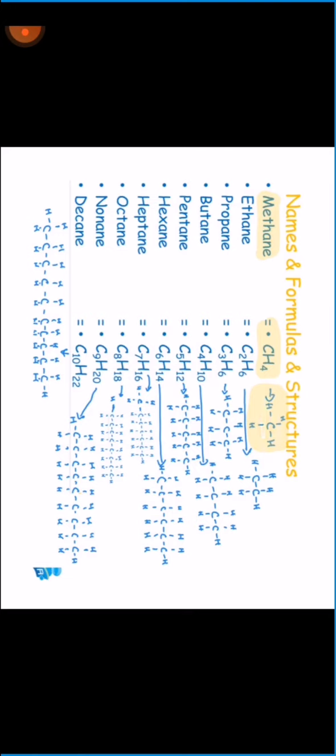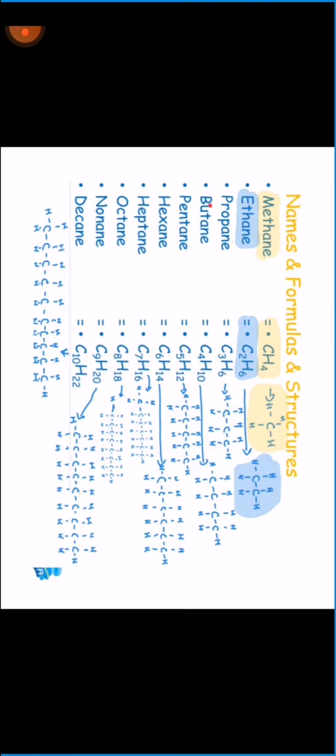So we said that carbon will always have 4 bonds, so that's why there's 4 hydrogens, and this is the layout of the hydrogens in the structure. The second name is ethane, and it has a formula of C2H6, so 2 carbons, and it has the chemical structure as follows. And you can follow the rest of these down in the rest of the video.